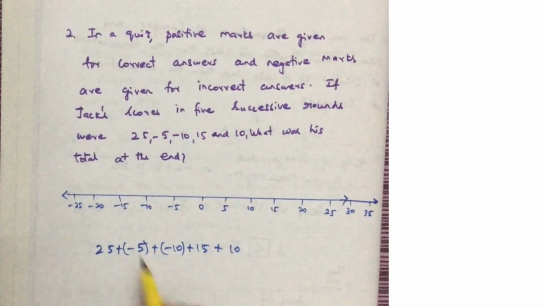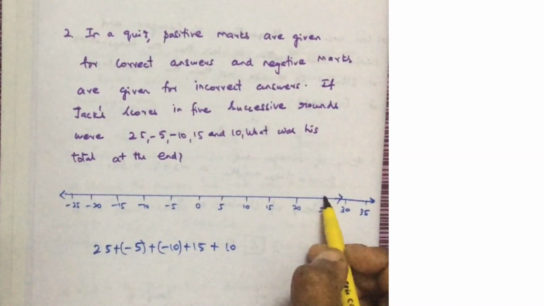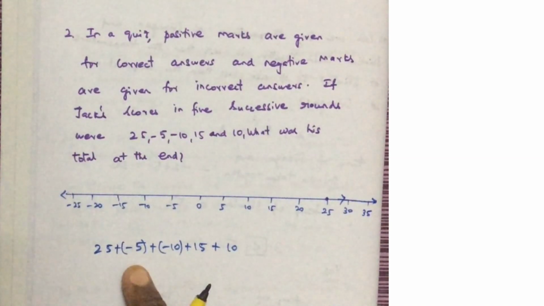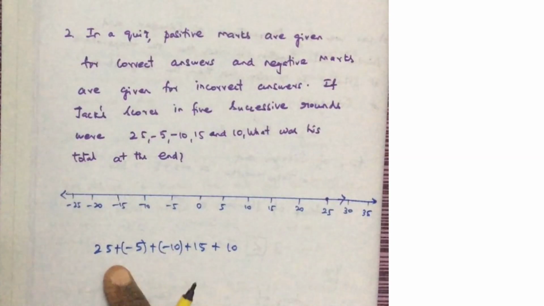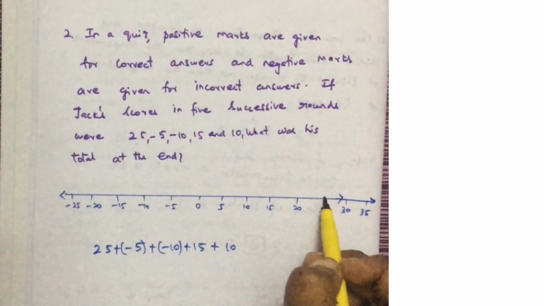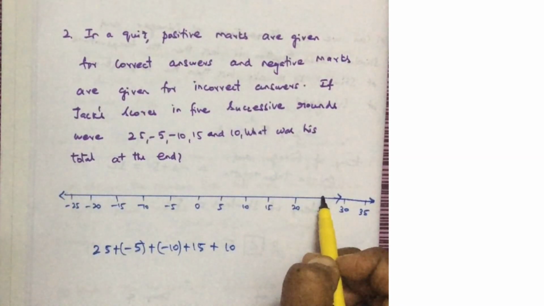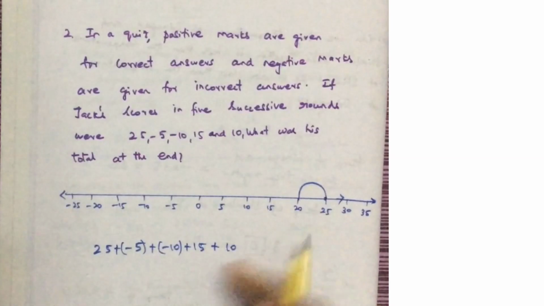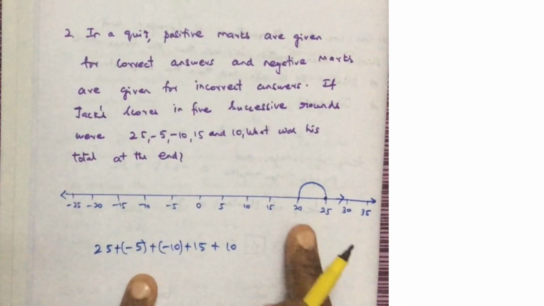I will start from 25. 25 is here. Now you have to add a negative integer, 5. So from here I am moving to the left. Up to here it is 20.